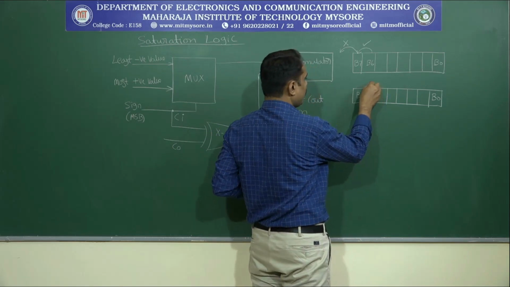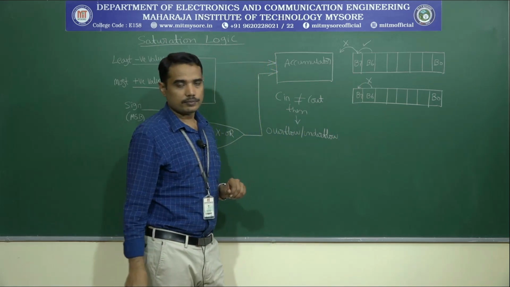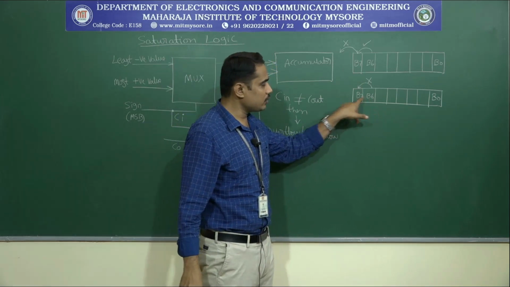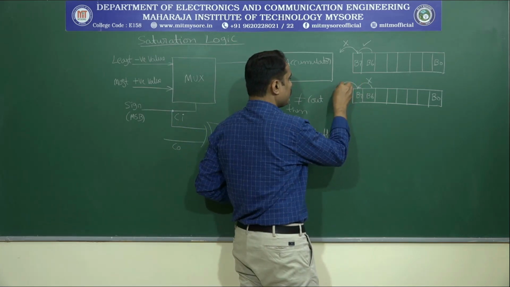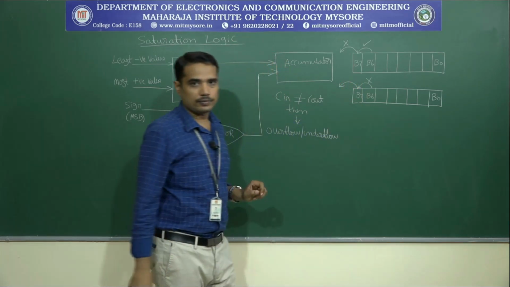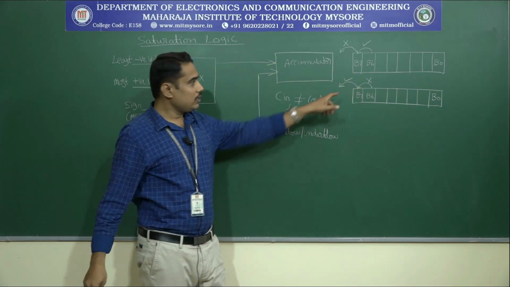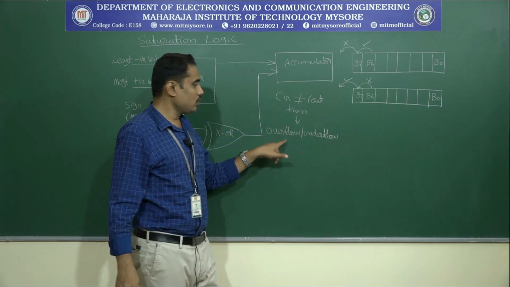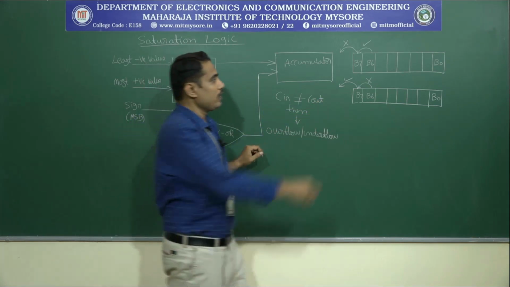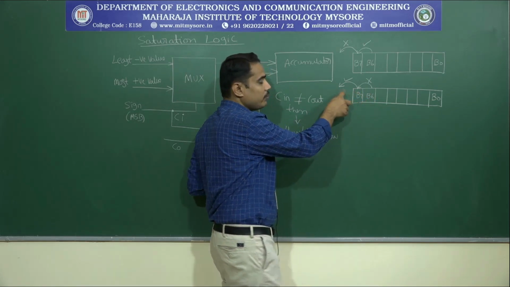That says there should not be carry into the MSB. There should not be carry from B6 to B7, but there should be carry from B7. In this case also we see that there is overflow or underflow. There is no carry from B6 to B7, but there is carry from B7.